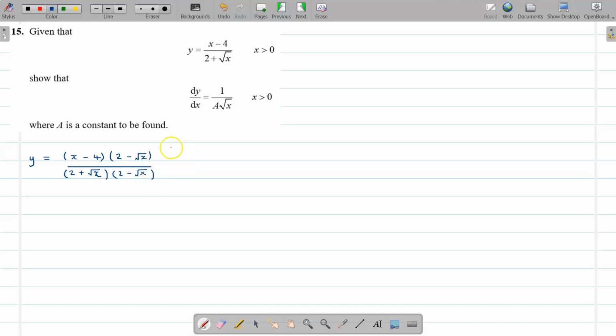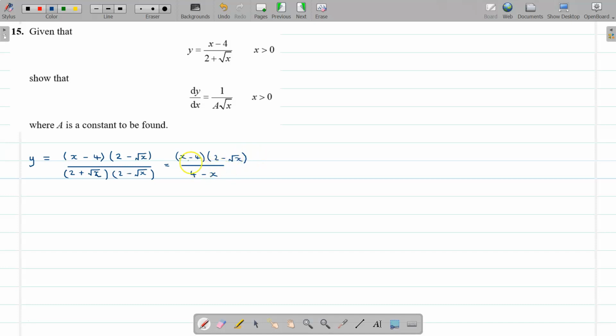Okay, so that's what I've got. Now, if you rationalize that denominator, it will of course give you 4 minus x on the denominator, which is the negative of something on the numerator. So you lose the denominator completely, which means you don't have to worry about products or quotients and all the algebra that goes with it. Okay, so x minus 4, and you don't even need to multiply that by 2 minus root x because it's going to disappear.